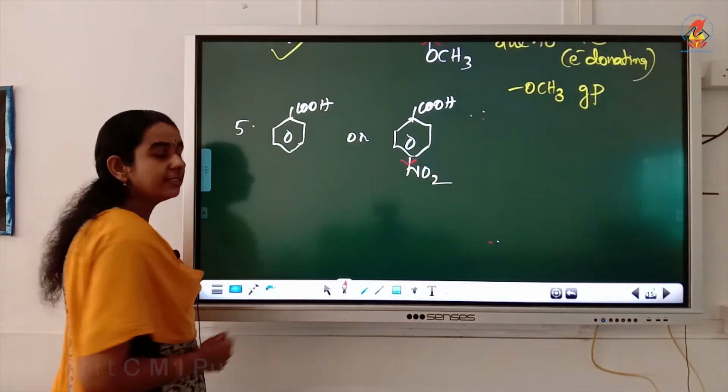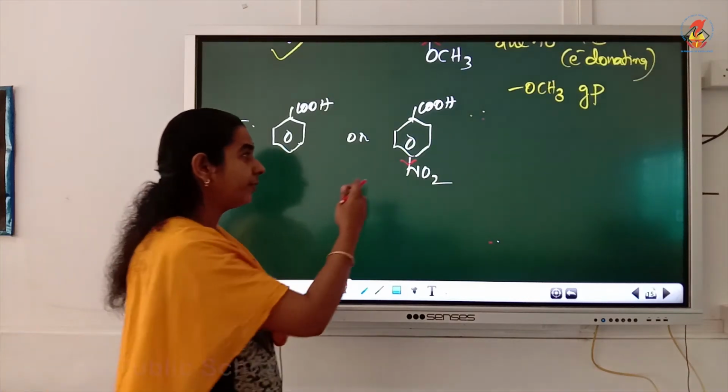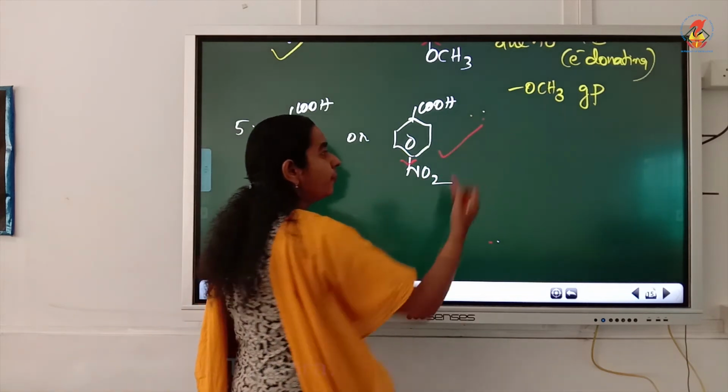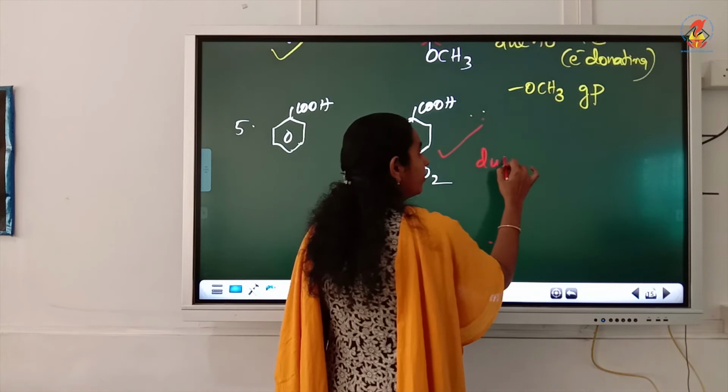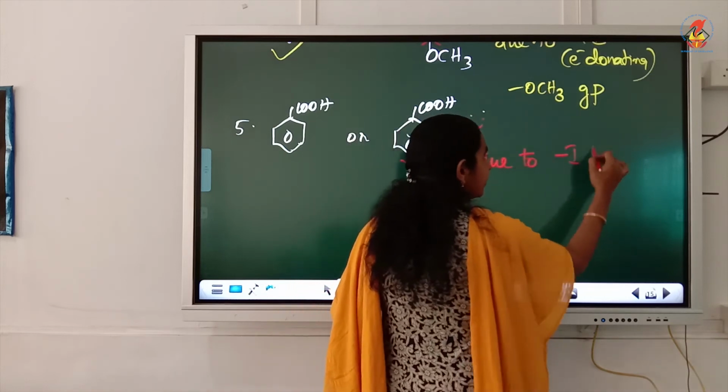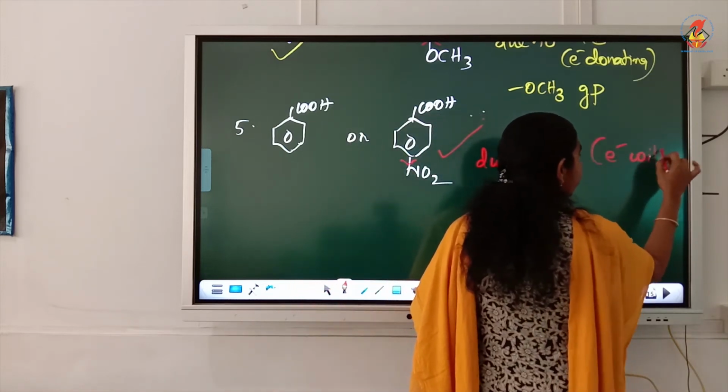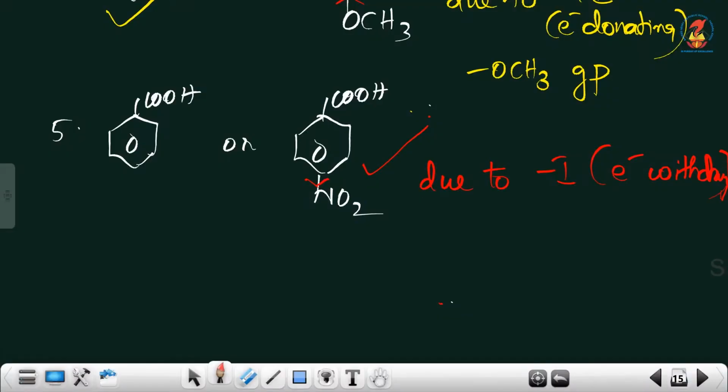So due to the presence of the minus I group, the answer is 4-nitrobenzoic acid is more acidic due to the minus I or electron withdrawing NO2 group.